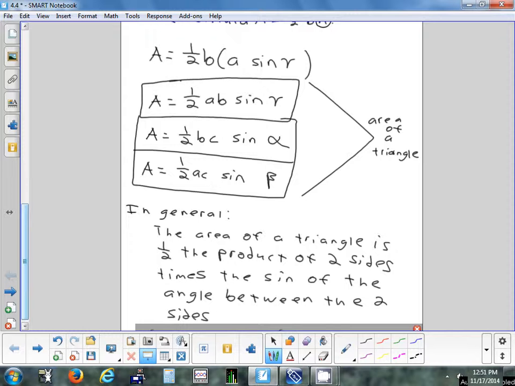So in general, to find the area, it's 1/2 times 2 of the sides, any two you want, times the sine of the angle that's between the two sides you picked. Let's say we had a triangle like this.